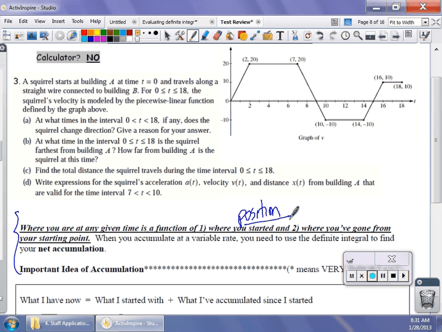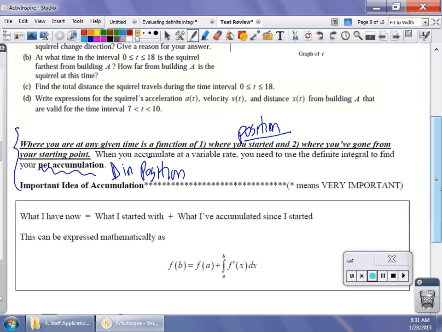When you accumulate at a variable rate, you need to use this definite integral to get your net accumulation. And again, that's going to give you change in position. We're not talking about distance traveled. We're talking about position. An important idea of accumulation: what I have now is equal to what I started with plus what I've accumulated since I started.